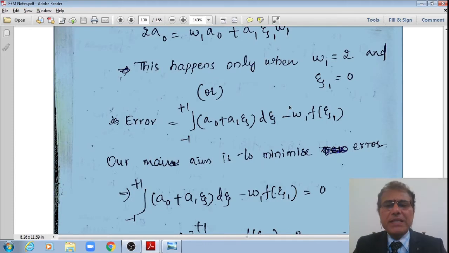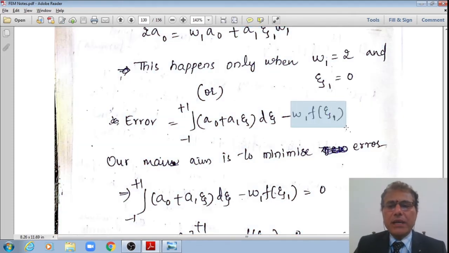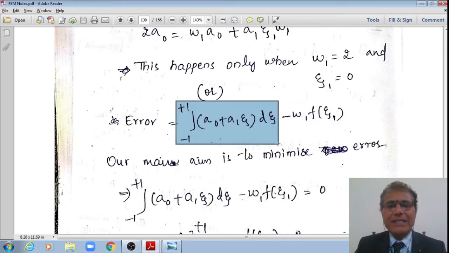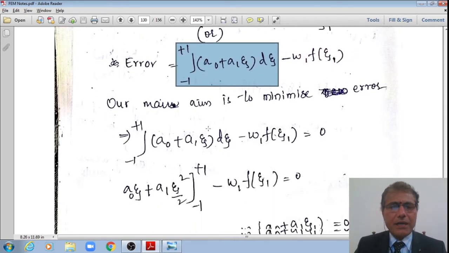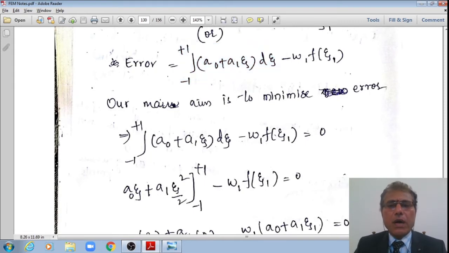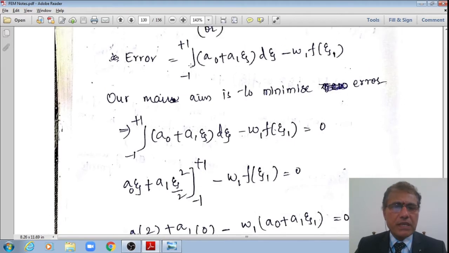However, I'm getting this result using numerical integration as w1 multiplied by f of xi1, right? This is using numerical integration, and the other is using the mathematics integration procedures, right? Therefore, our aim is to minimize the error, students. Therefore, I can say that this error is equal to 0.